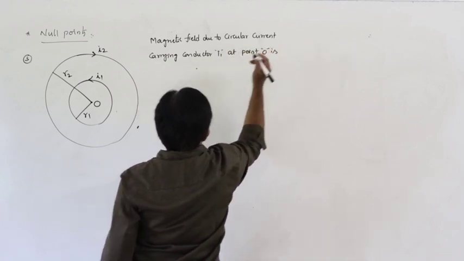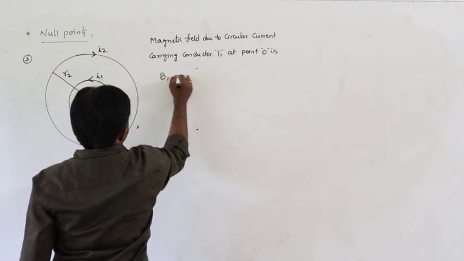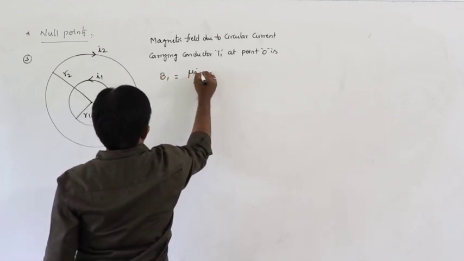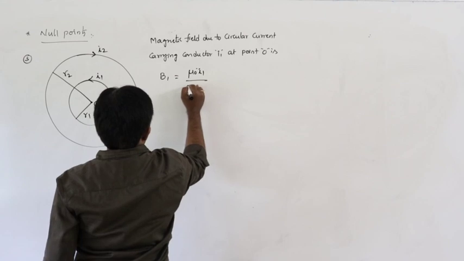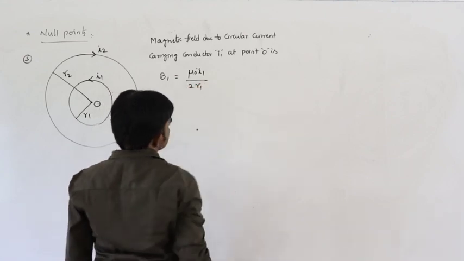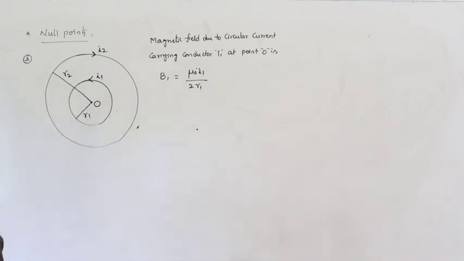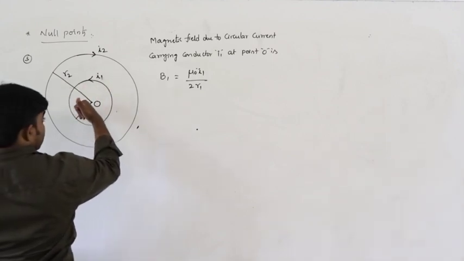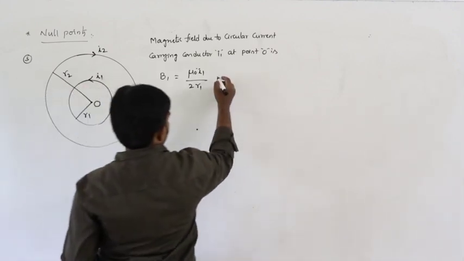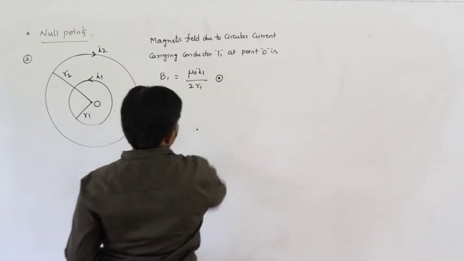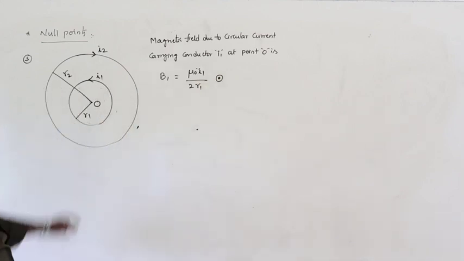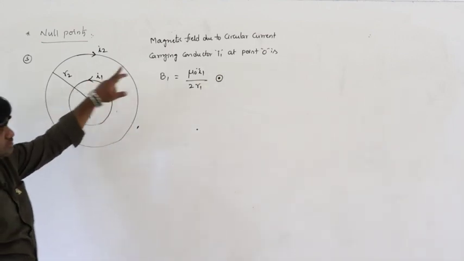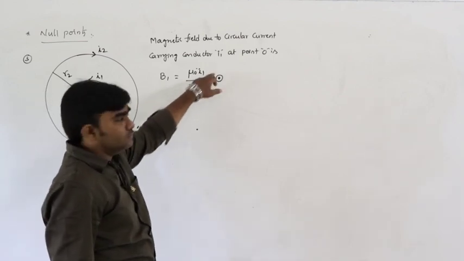Let us say B1 is equal to mu naught I1 divided by 2R1, circular current carrying coil, mu naught I1 by 2R1. What is the direction? Outwards. The direction of the magnetic field is outwards. For example, if it is having N1 number of turns, we can write into N1.